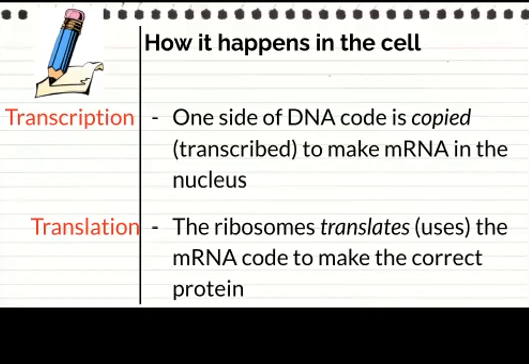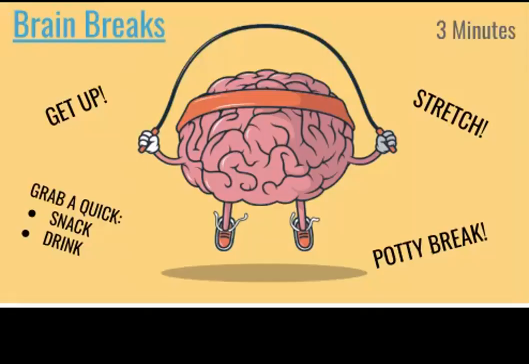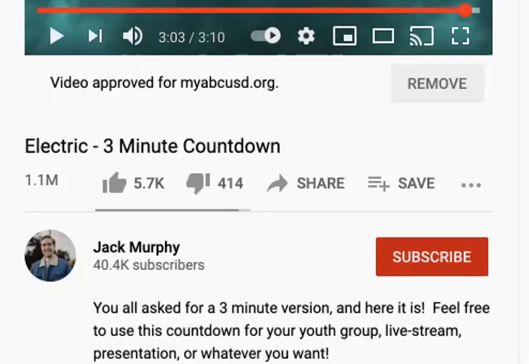Okay, so we're going to pause here. When we get back, we're going to focus in on mutation because sometimes errors occur or changes occur in that DNA code. And we want to know, how does that affect an organism? Okay, so let's go ahead. We have 3 minutes. Get up, get a stretch, restroom.